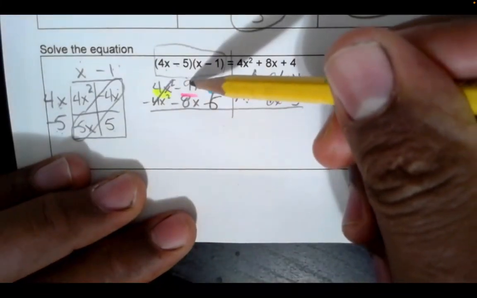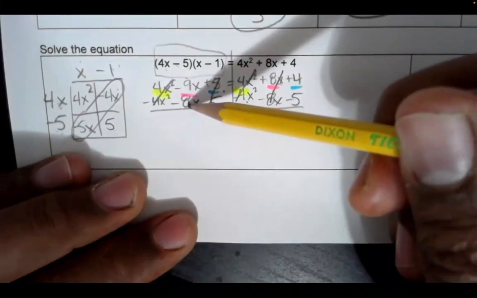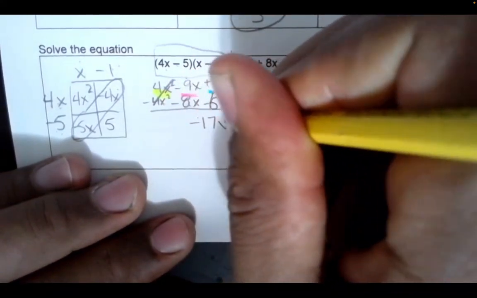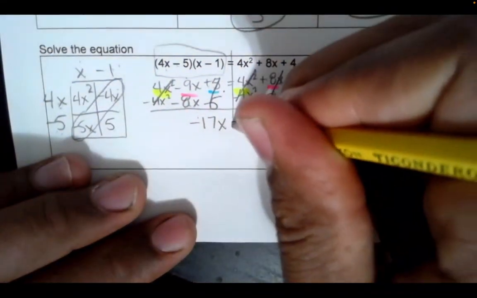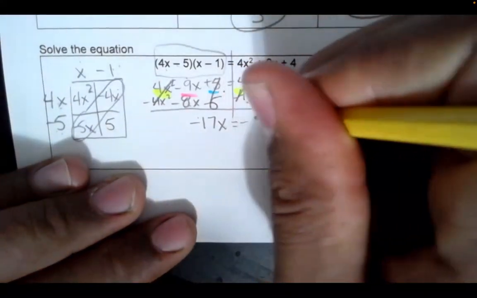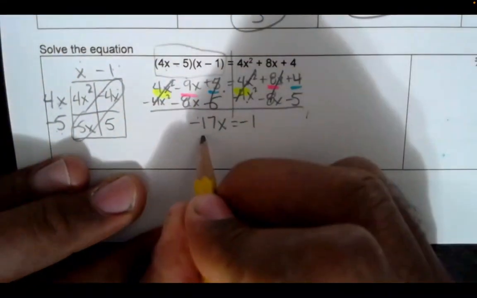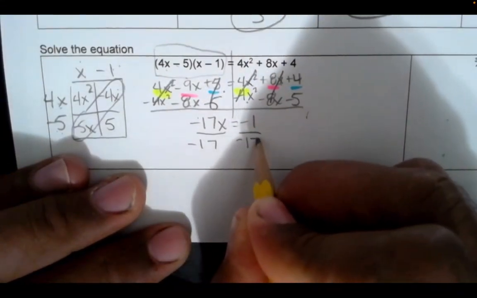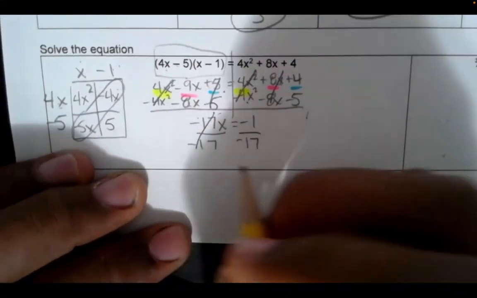Okay, so starting with this, I've got negative 9x minus 8x, that is going to be negative 17x once I add those up. And then on the right, I've got 4 minus 5, which is negative 1. Okay, and then my last step here is to divide by negative 17. And that becomes 1.